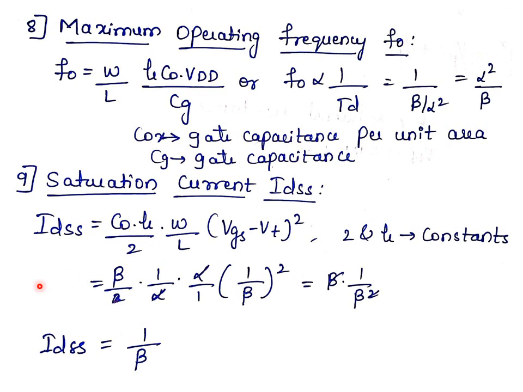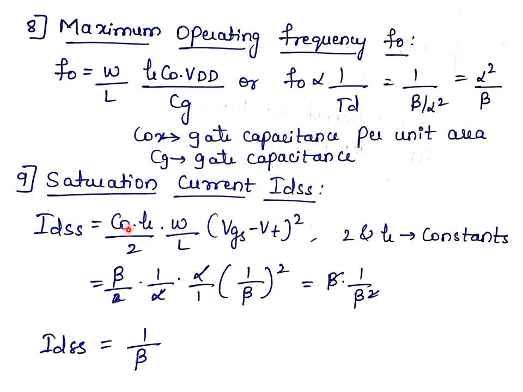Now coming to the saturation current, which is represented as IDSS. So here it is represented by this formula, that is C0 mu by 2 W by L into (VGS minus VT) square. Here this mu, mobility of a carrier, and this 2 are both constant values, so you have to neglect them.